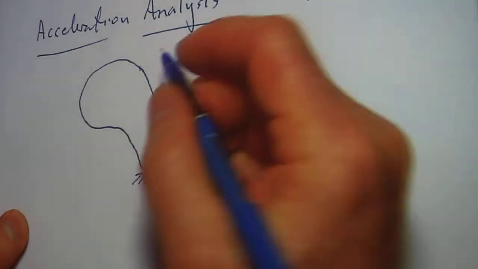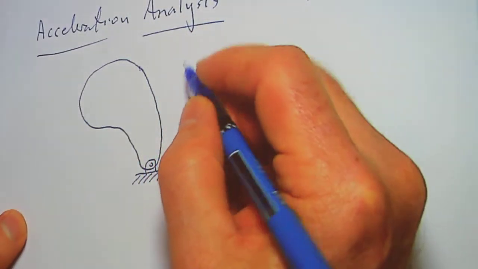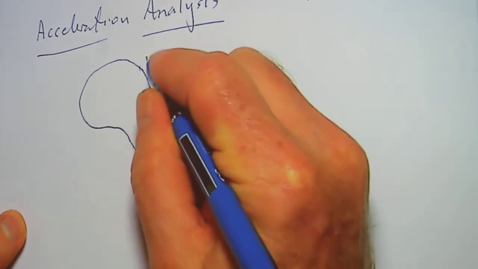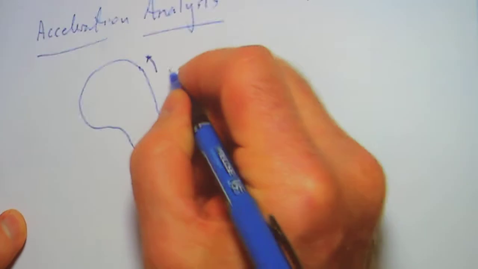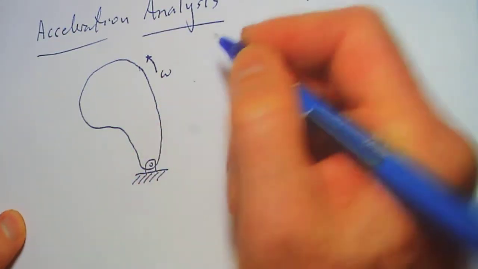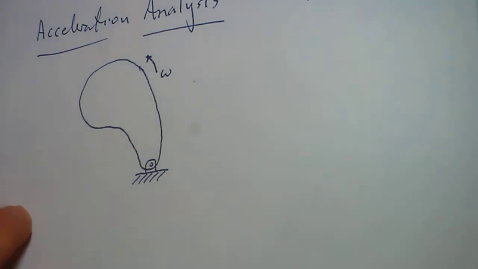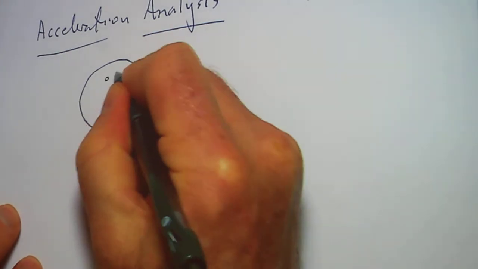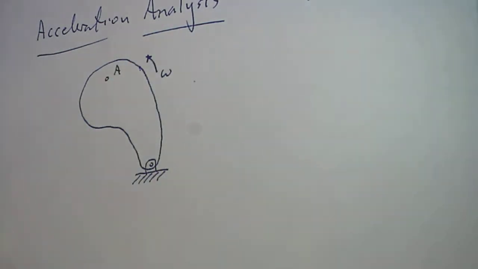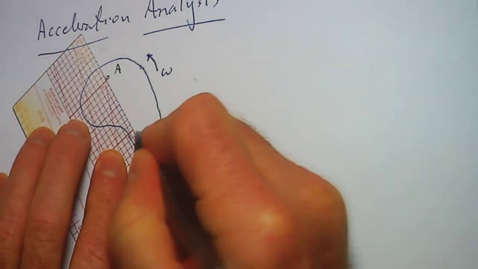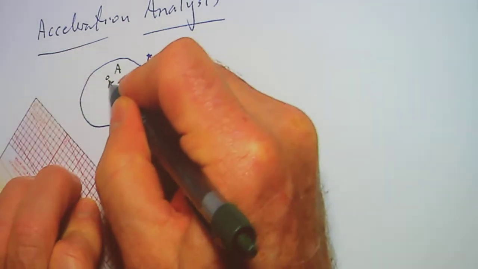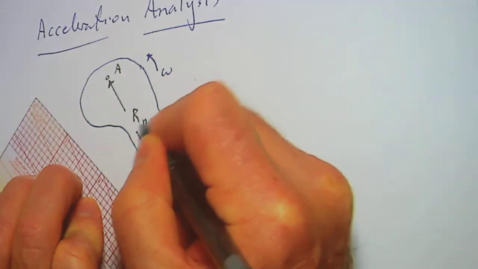I know that I had omega going like that. And if I chose a point along the object like that, let's say, then what I would do is this vector up to here would be RA.